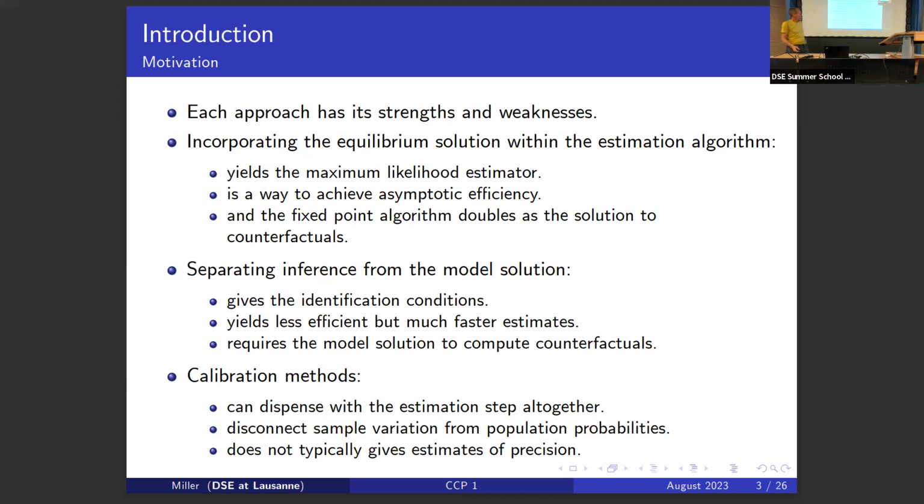If you do separate inference from the model solution, and you don't go through the Newton-Raphson follow-through of solving the model once you've got consistent estimates, you're going to get less efficient, but much faster, estimates. You're still going to have to solve the model in order to do your counterfactuals, but not tons of times, only for as many counterfactuals as you want to do.